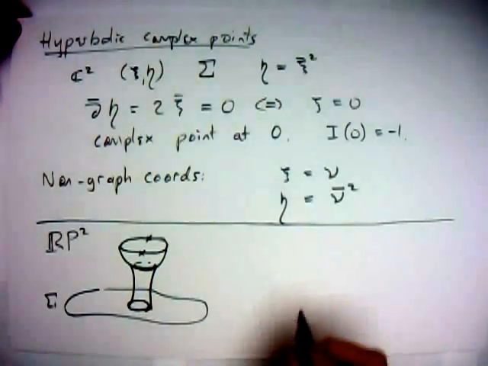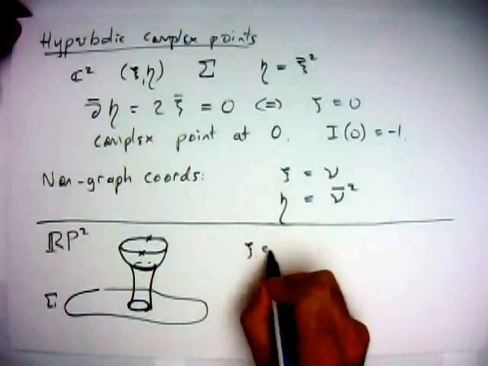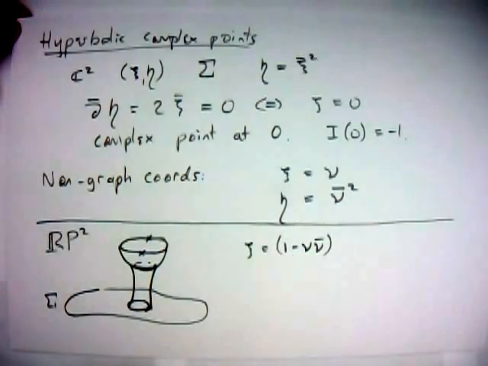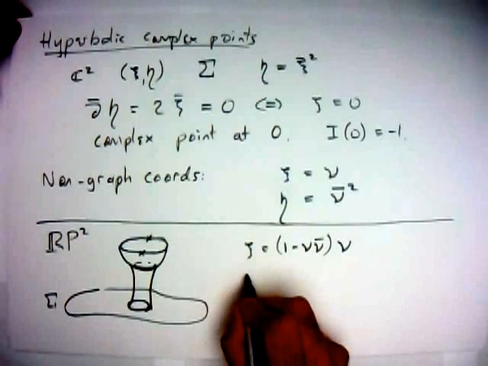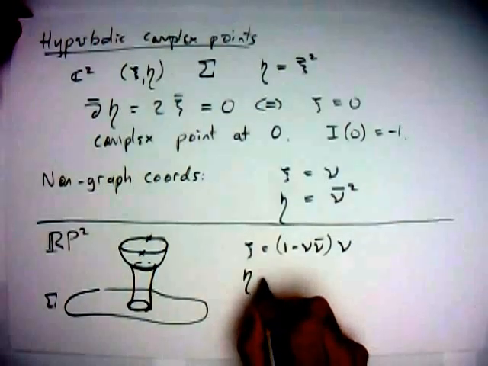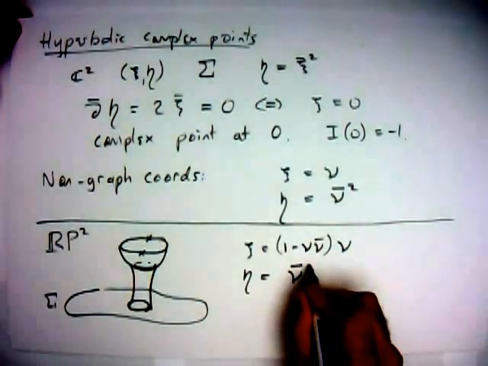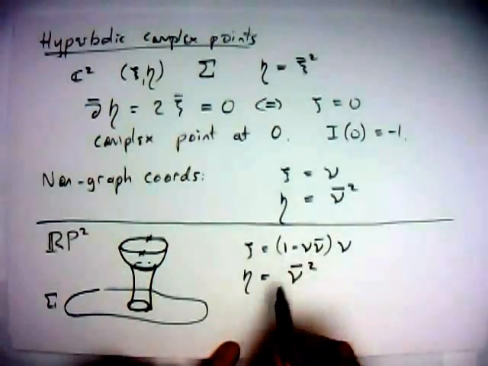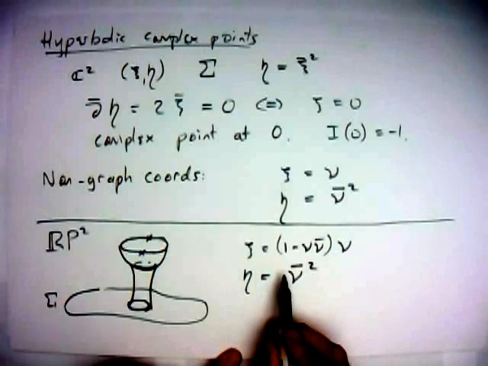Now, what model do we have for an RP2? Well, an RP2 is easy enough to construct in these coordinates. So let's parameterize it as follows. Eta equals mu bar squared. So here we see a parameterization of a surface again. I claim it's an RP2.